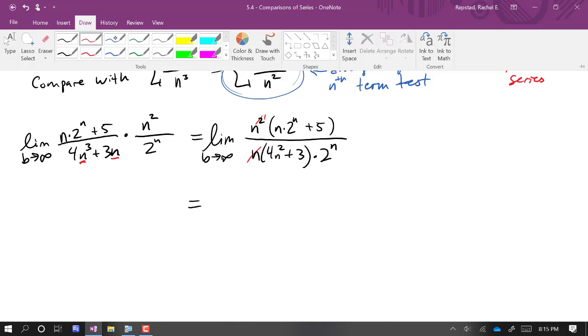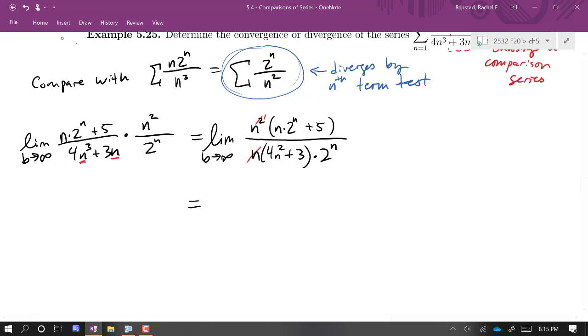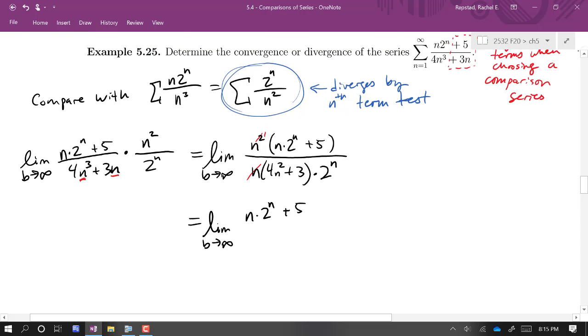So we've got n·2^n plus 5n. I'm going to distribute that n over, and sorry, that's an n squared because we have an n times an n here. Over 2^n times (4n squared plus 3).